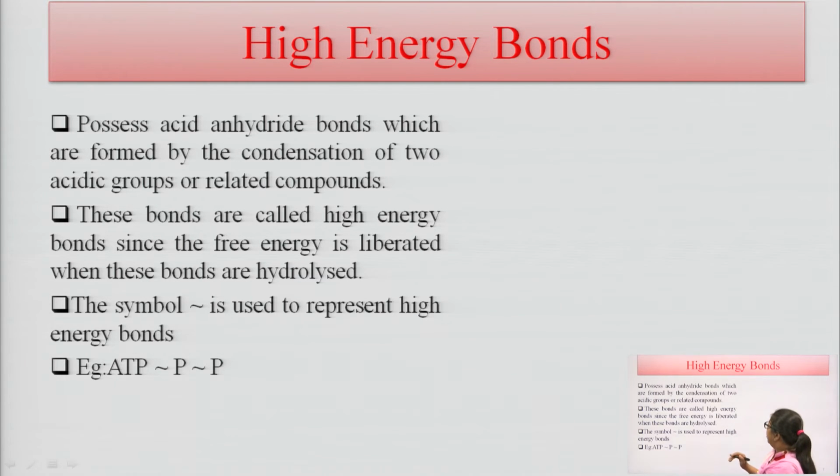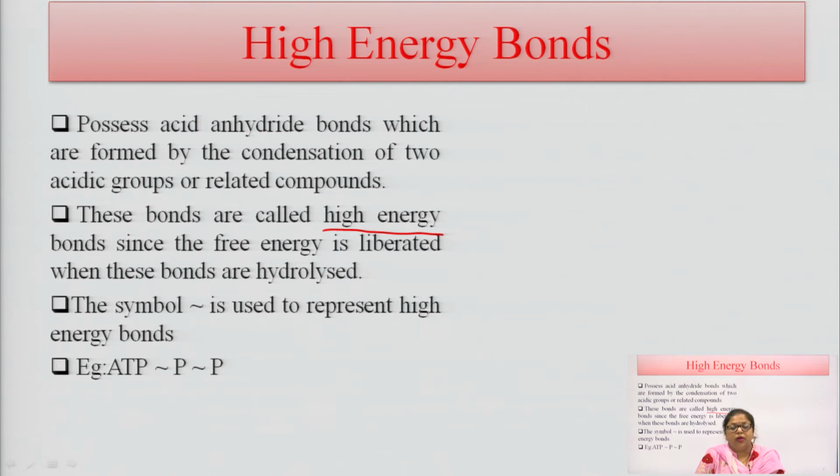These bonds are called high energy bonds because free energy is liberated when these bonds are hydrolyzed. These bonds have energy in their structure, and when they are hydrolyzed, free energy is liberated in these reactions, with more than 7 calories per mole.